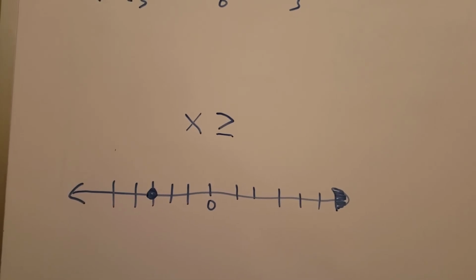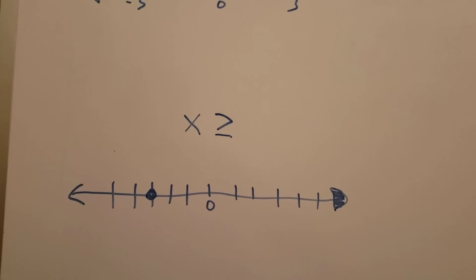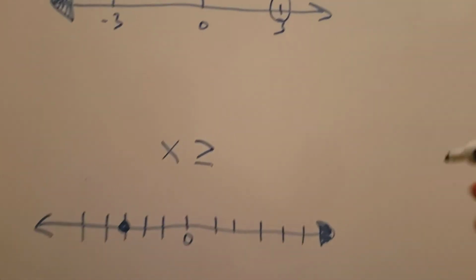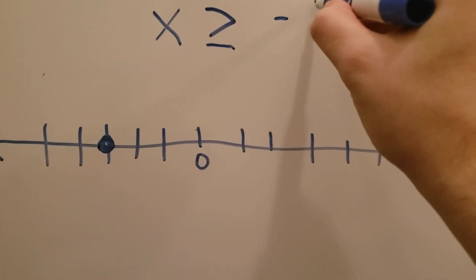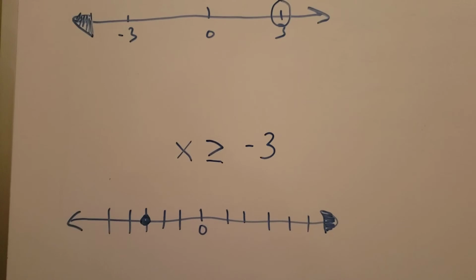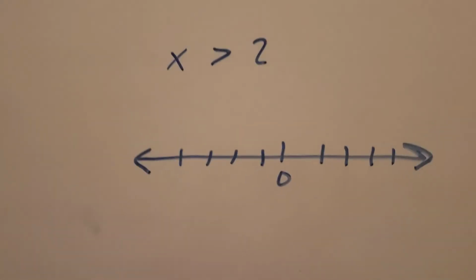Finally, we need to put the number that's on this number line in. So if we count, we've got -1, -2, -3. So the answer would be x is greater than or equal to -3.